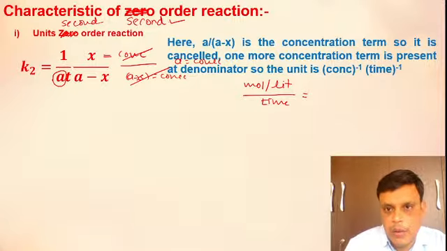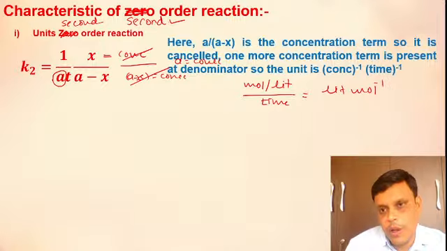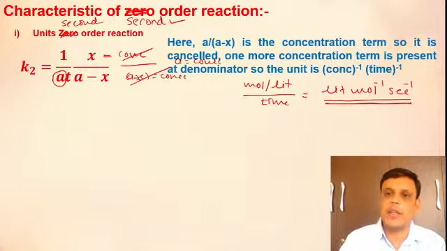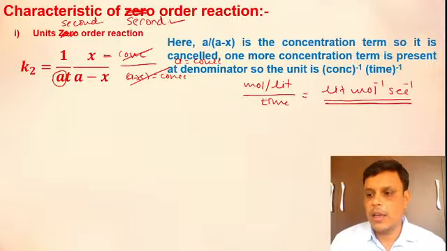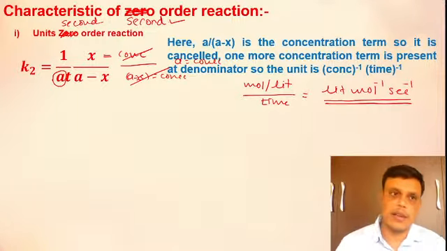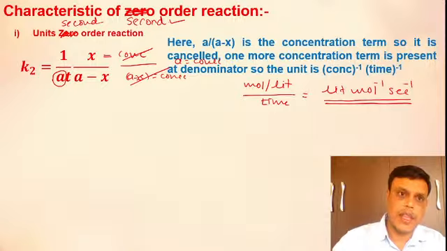If you solve, you will get liter per mole per second. If you talk about the SI unit, this is the unit of a second order reaction, liter per mole per second.